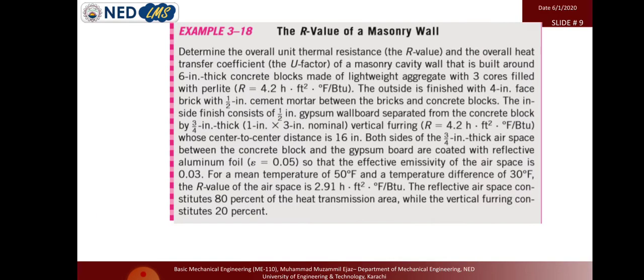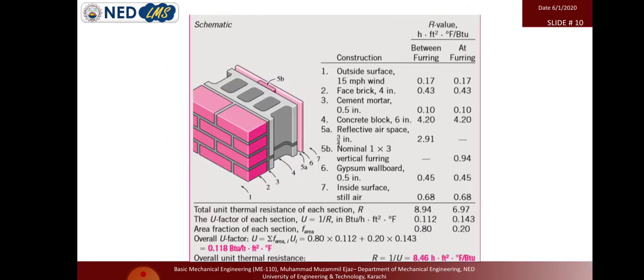I will give you some homework. Next to this numerical, we have an example of a masonry wall. In the previous numerical, we did an example of a wood structure wall, and now we have a numerical of a masonry wall constructed in Pakistan.